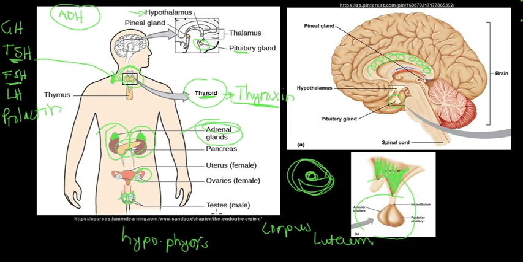So that's all of the hormones that you need to know about, and then the glands and where they are situated. So it's really not that much to know, and it's very basic. If you just look at this structure in the drawings, it's not that hard.